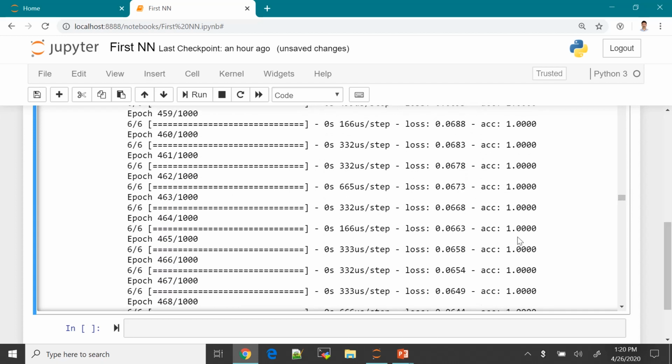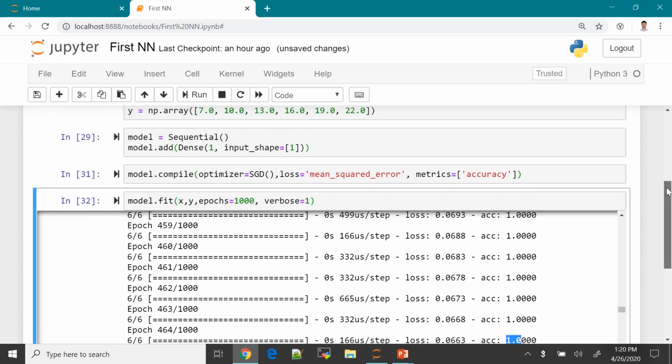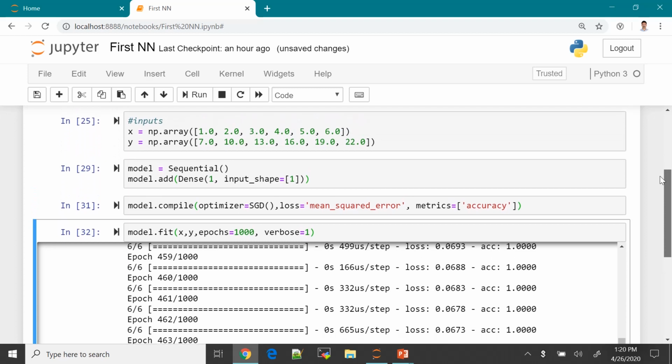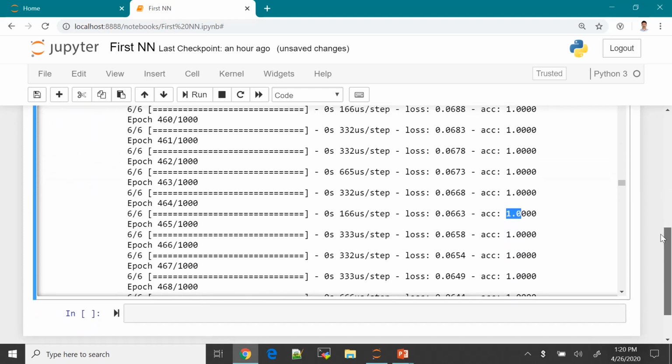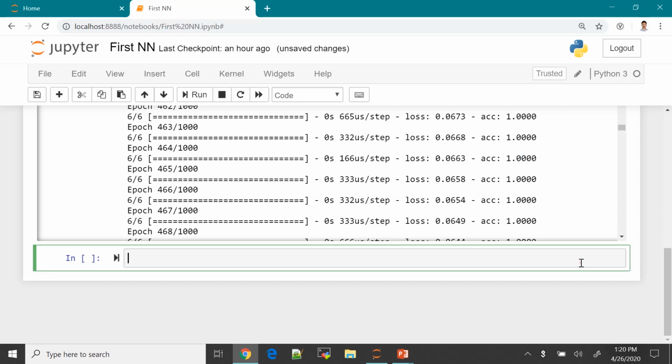In some places we see the accuracy is 100%, but we should not be happy that our model has reached 100% accuracy. There are many things associated with it, and this is a very basic neural network with a very limited set of input parameters. So the model is trained now.